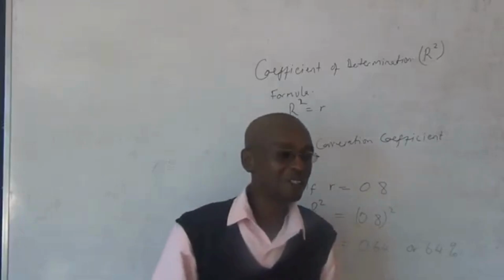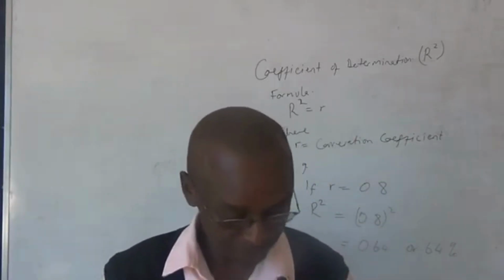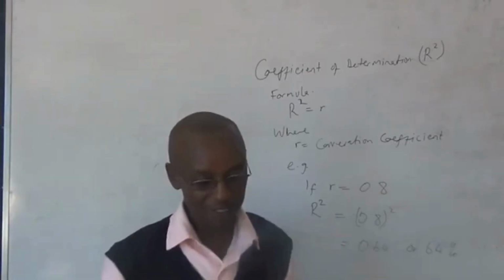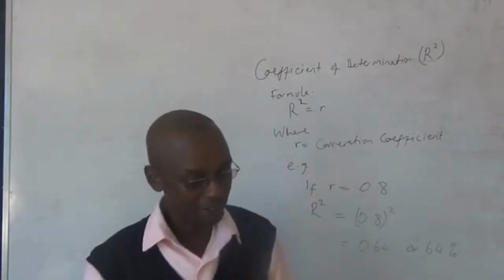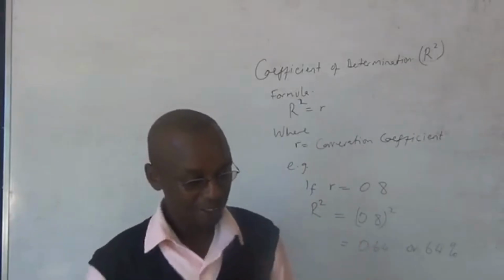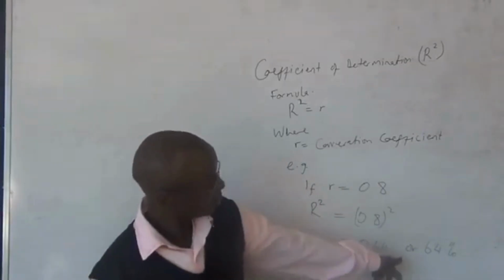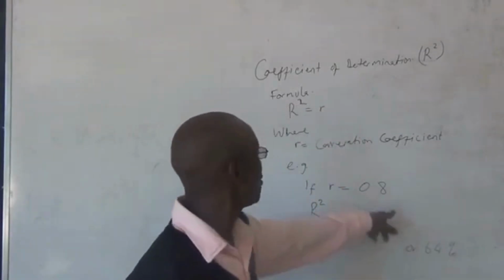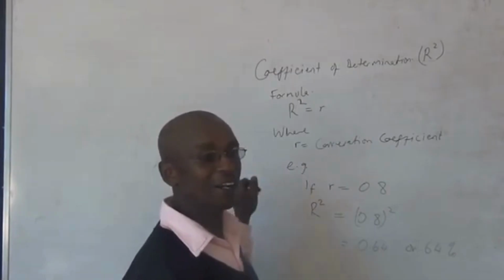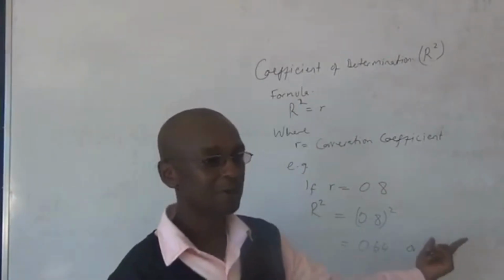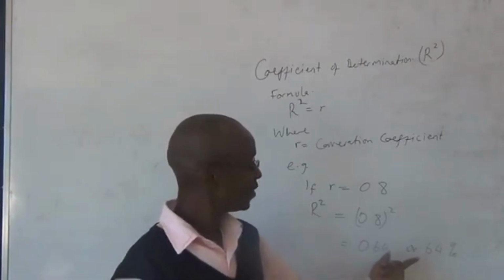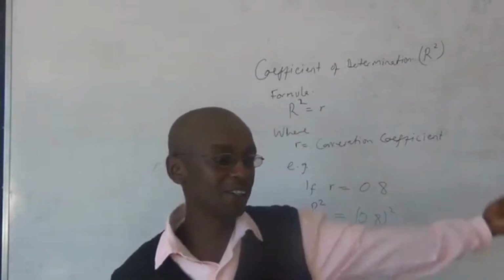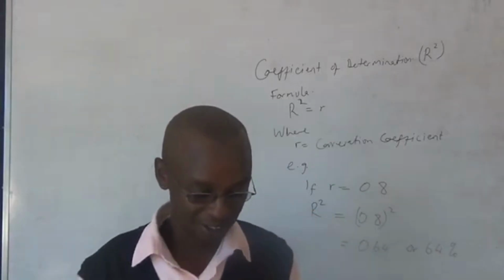How will you interpret it? Interpretation: 64% of changes in Y are explained by X. And the other 36%, from 100 minus 64, is caused by other factors.